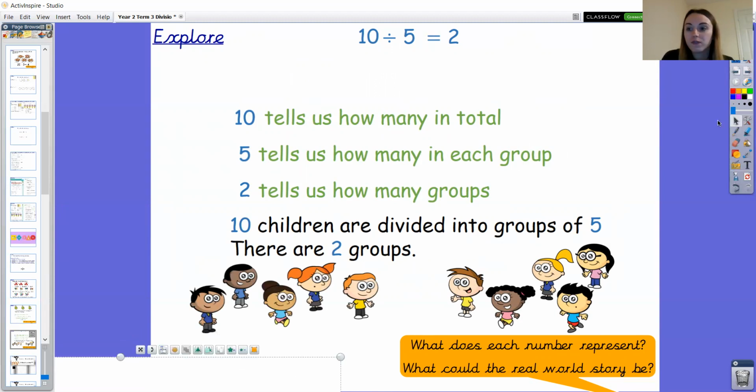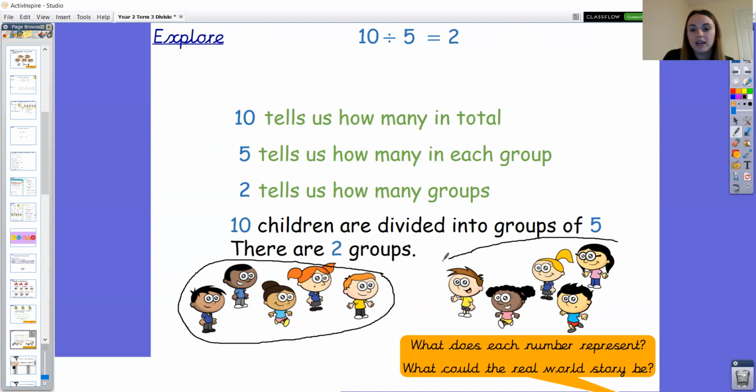There are groups of 5, there's 5 children inside each group. And there are 2 groups. If we look back at our sentences in green, which describe what each number tells us, as you can see, 2 tells us how many groups. Brilliant, well done, Year 2.